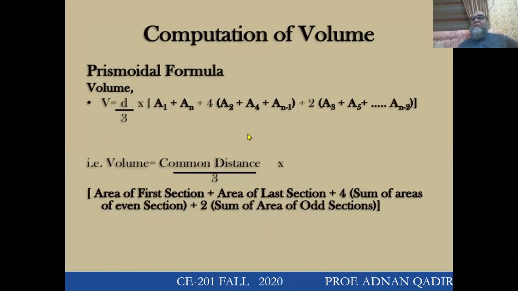The prismoidal formula is more accurate than the trapezoidal formula, though the easier method to apply is the trapezoidal method. Now we'll do some examples and you will understand. It's very basic to calculate volumes using these methods.